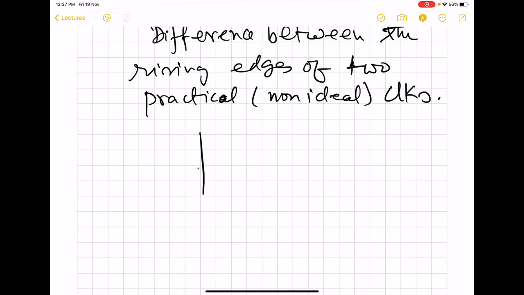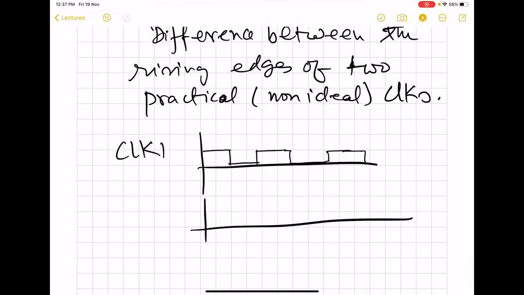So we have one clock which is non-ideal, and then we have another clock, and this is also non-ideal. So now we measure the gap between the rising edges of these two clocks.